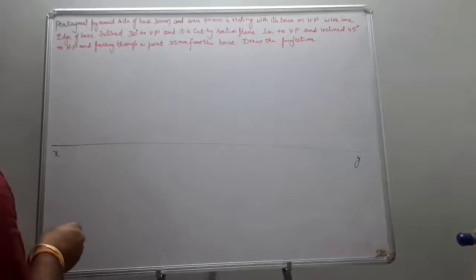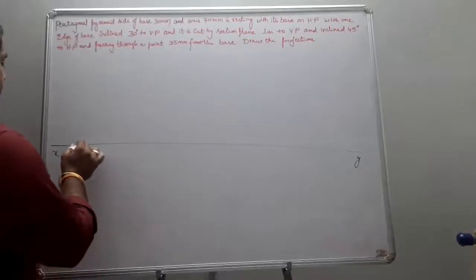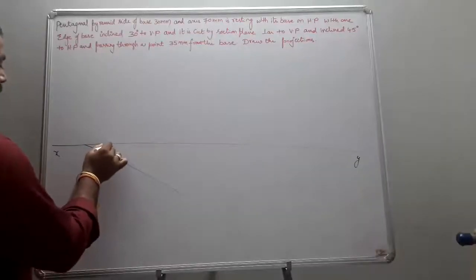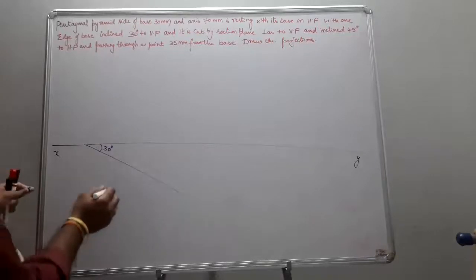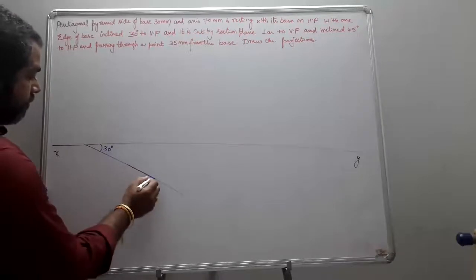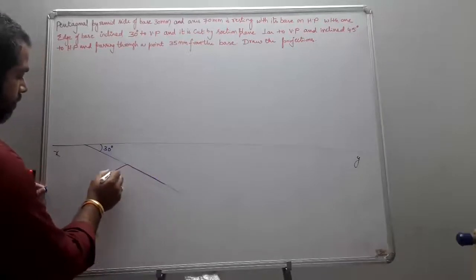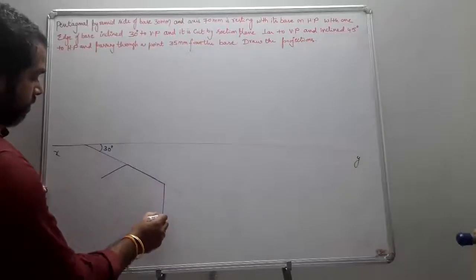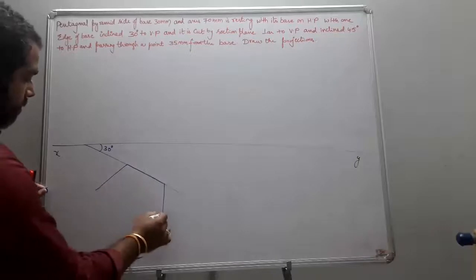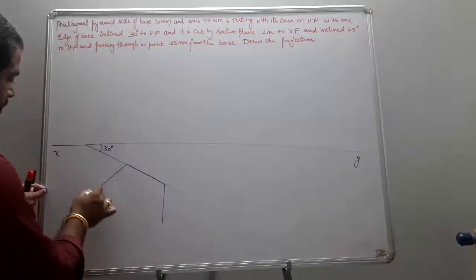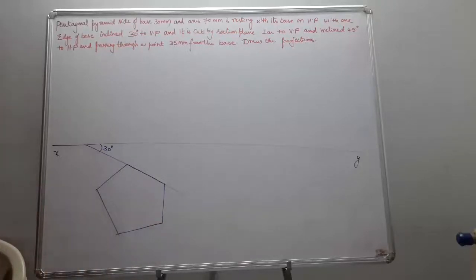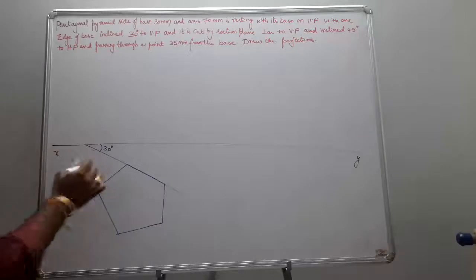And how is it to be drawn? Draw a line at 30 degrees in such a way that one of the base edges is on the 30 degree line.